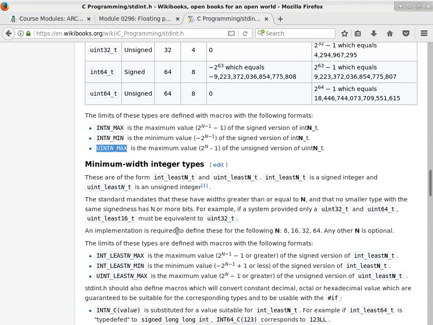But it doesn't say 32-bit. But that's why n is in italic. If it's in italic, it means it is supposed to be replaced by the actual width of the integer. So uppercase UINT32_MAX will give you the maximum value that a 32-bit integer can represent. Okay?